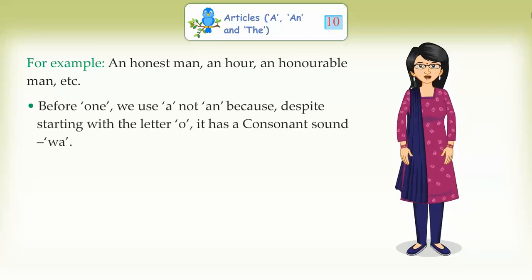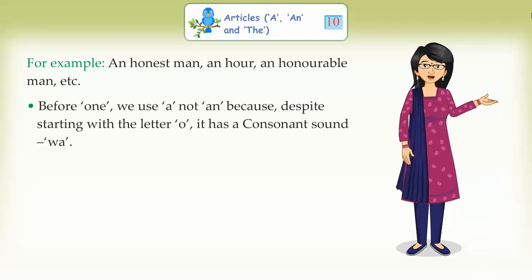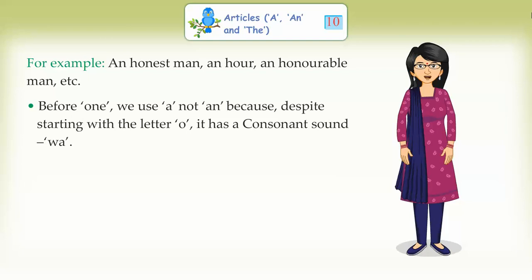Before one, we use a, not an, because despite starting with the letter O, it has a consonant sound, wa.